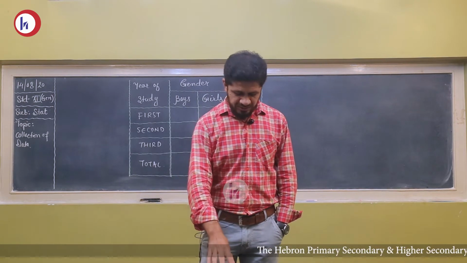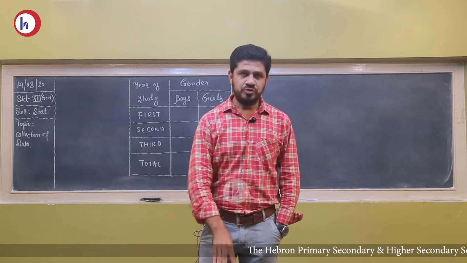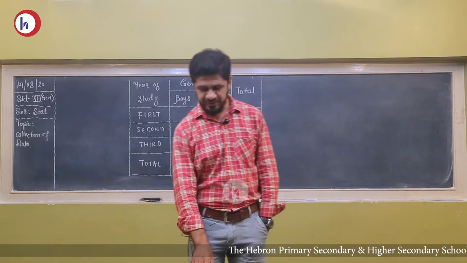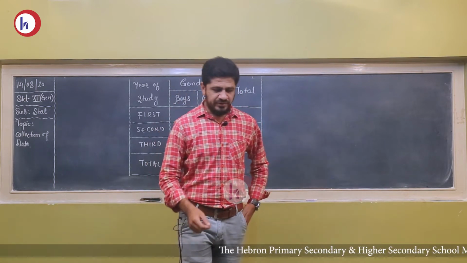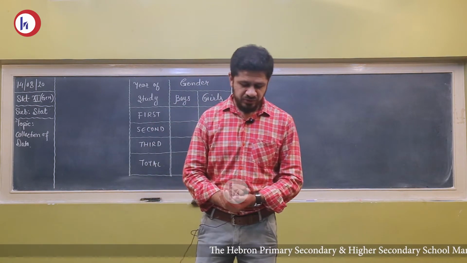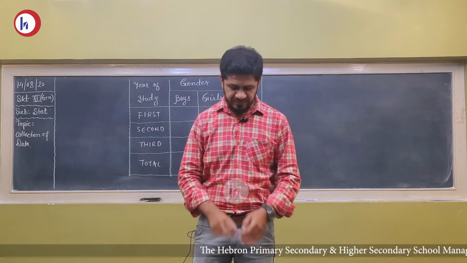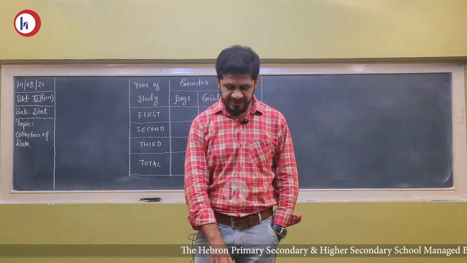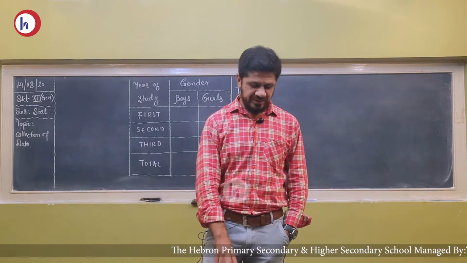So students, open your book, exercise 2.2, page number 42. Question number 1. There were 1400 students studying in a commerce college. Among them, 855 were boys, and of them, 225 boys were in the second year.